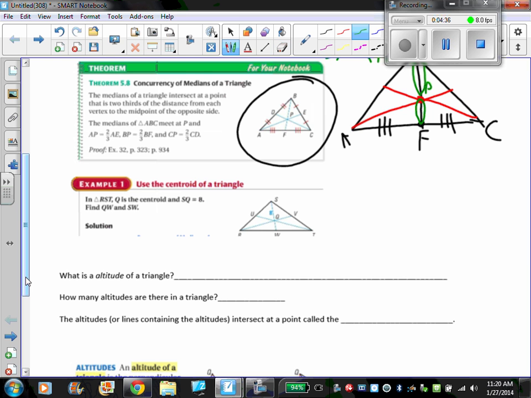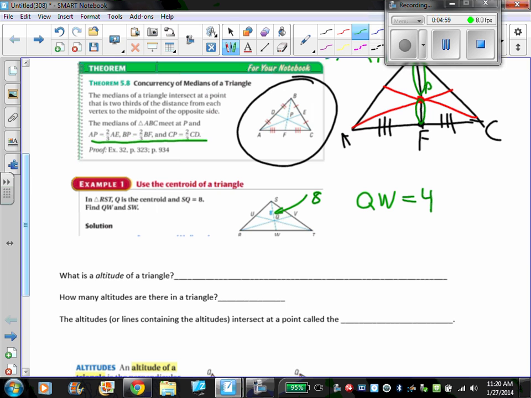So if we're told that SQ is 8, we can see that that's the bigger of the 2 segments. And like we know from this theorem, SQ is going to be twice as big as QW. So that tells us immediately that QW is 4, half the size of SQ.